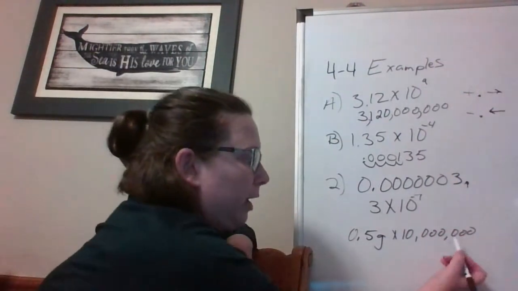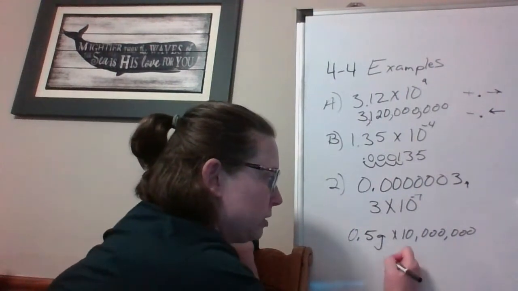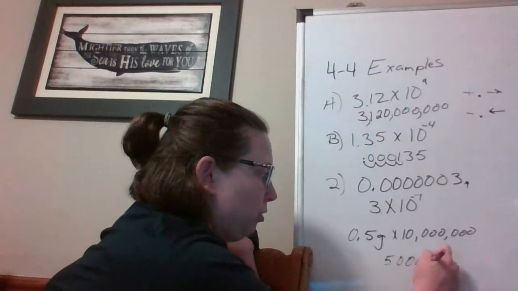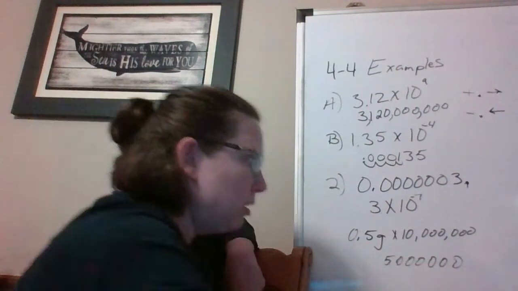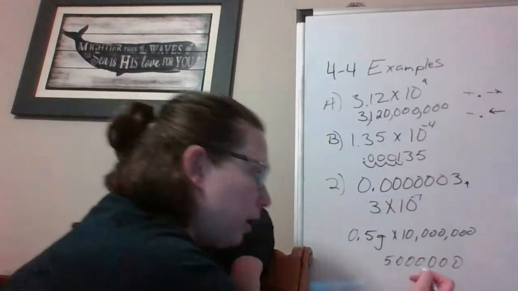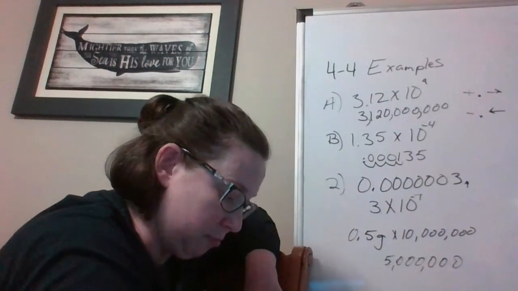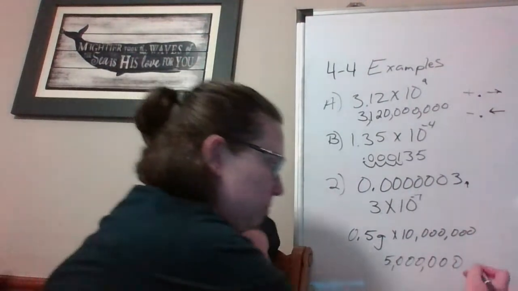So if we do that for every 0, we're moving this decimal place 1 spot. So we need to go 1, 2, 3, 4, 5, 7 spots. And we have 5 million now. So for 10 million butterflies, they weigh 5 million grams.